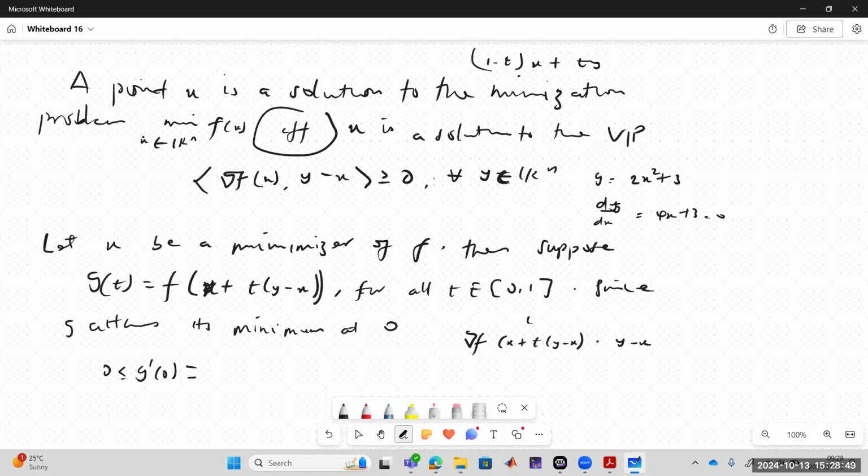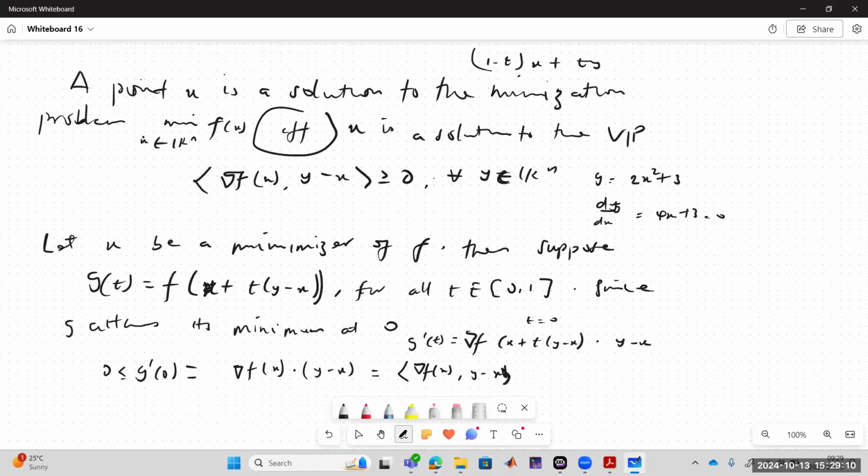But at t equal to 0, g prime of 0 is the gradient of f of x multiplied by y − x, which is the same thing as the inner product of gradient f(x) and y − x.